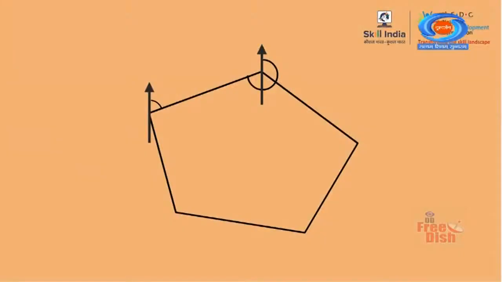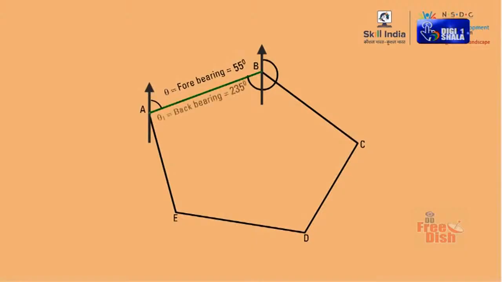For example, in the figure A, B, C, D, E, where the survey progresses clockwise from A to E, theta is the forebearing of the survey line AB and theta 1 is the back bearing of that very line regarded as line BA.